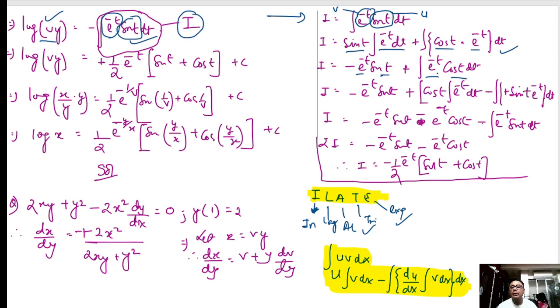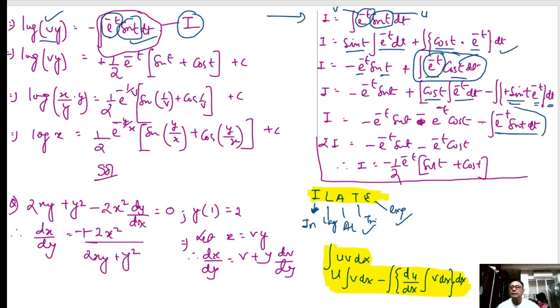Now this again we will take as a separate integration, where cos t will be taken as U and this will be taken as V. So again U times integration of V dt minus differentiation of U into integration of V dt. So the full integration of this gives you this.